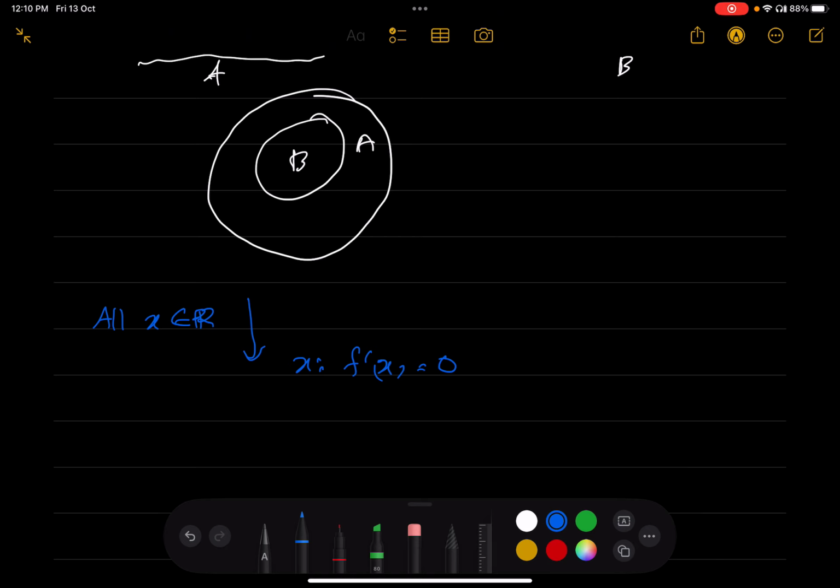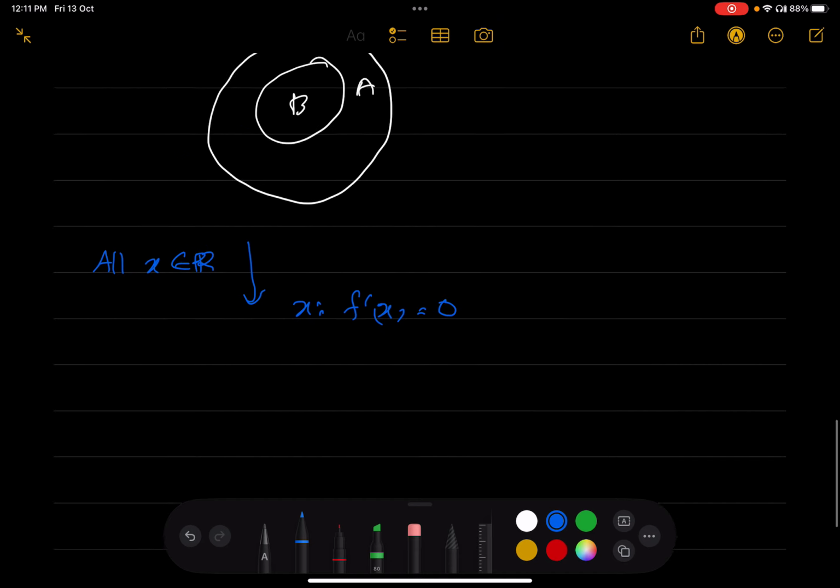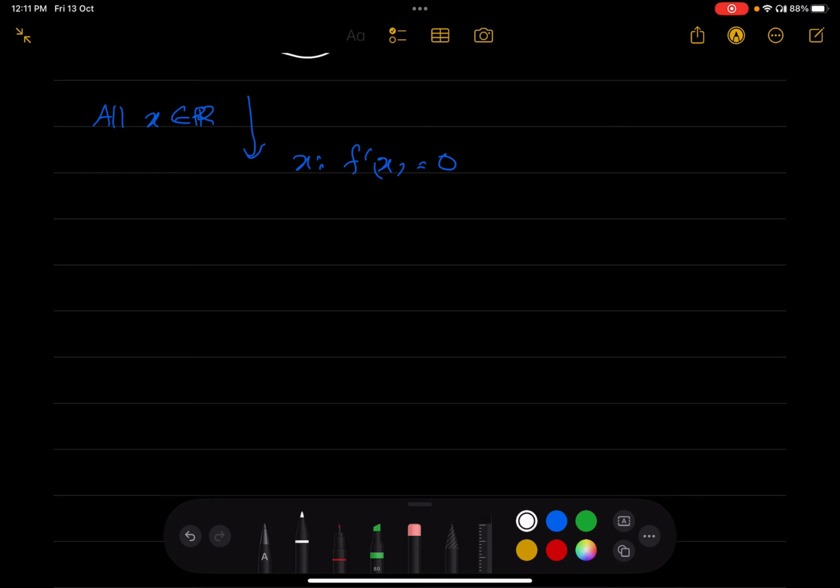So we have done a certain level of zooming in, closing in to this. But that is not enough. We have to further close in so that we ultimately land at a local minimizer.